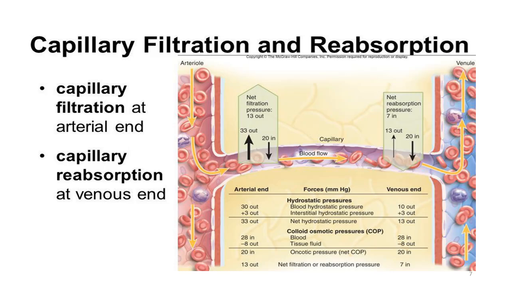So let's see the colloid osmotic pressure. Colloid osmotic pressure is because of proteins and other agents that are in the blood or in the interstitial fluid. So let's see what the colloid osmotic pressure is in the blood and in the interstitial fluid. Colloid osmotic pressure of blood is 28 millimeter mercury.